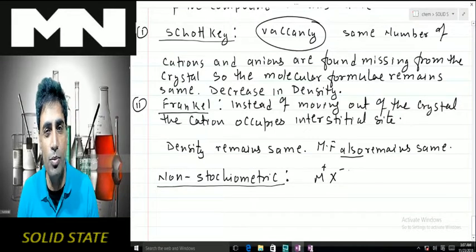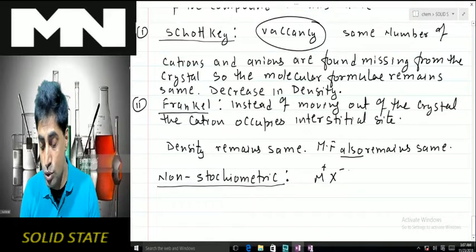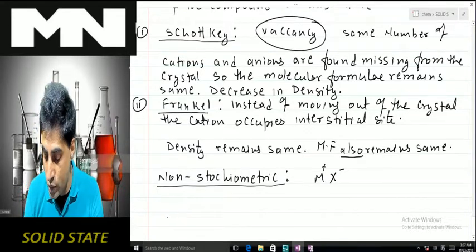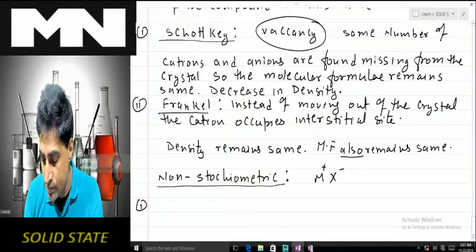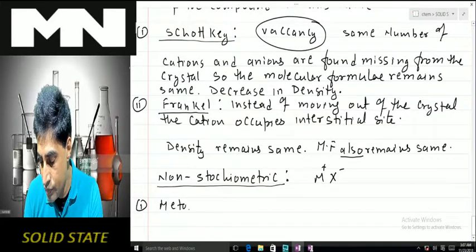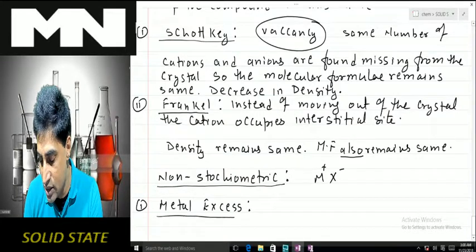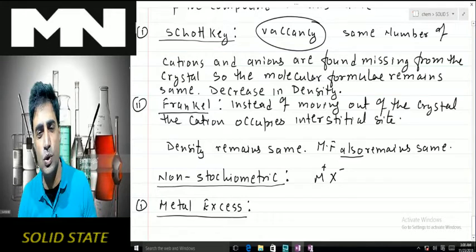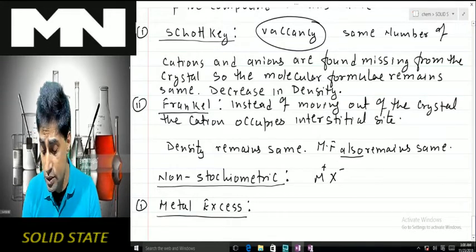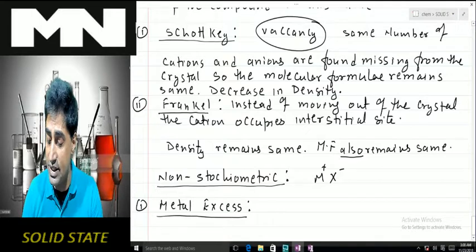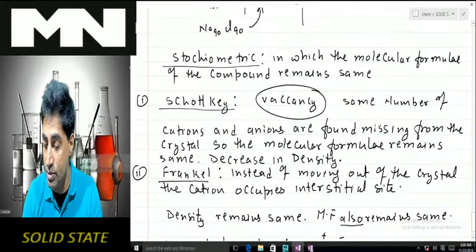So the change in formula can be either the cation can be more or the anion can be more. So non-stoichiometric can be divided into two types. The first one is metal excess imperfection. This is generally an induced imperfection. Generally, it does not happen on its own. We carry it out. I'll give you an example for that.